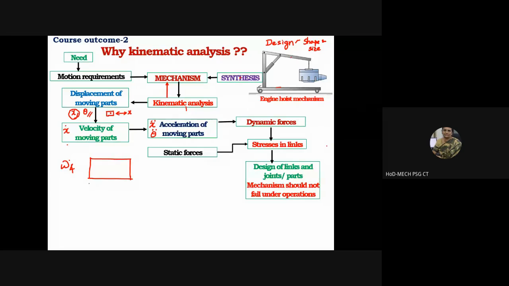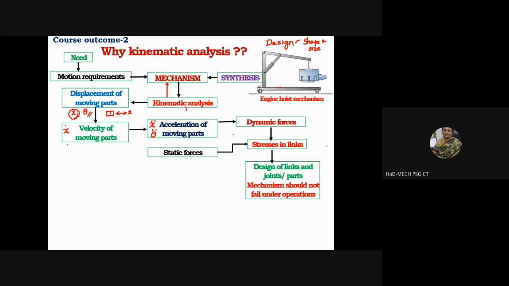One cycle may correspond to 360 degrees of rotation of the input link if it is a crank. From 0 to 360 degrees of rotation of the input crank, even if the velocity of that crank, omega 2, is a constant, omega 4 will not be a constant. It will keep changing. So you can find out the maximum magnitude of the acceleration and see if it is within reasonable limits.